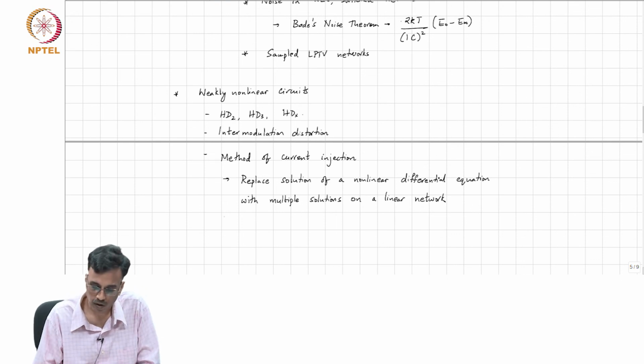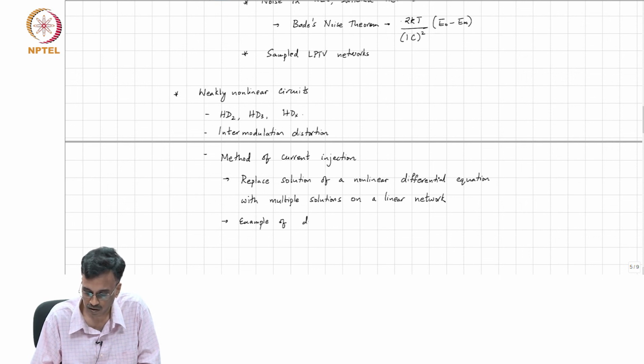And we saw an example of distortion in a negative feedback loop.